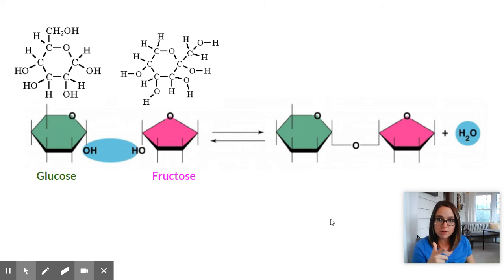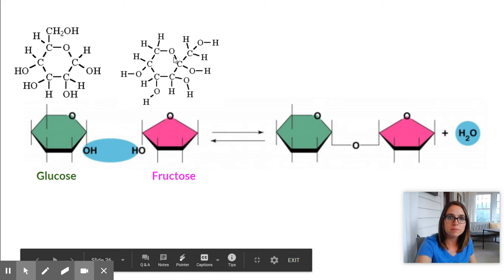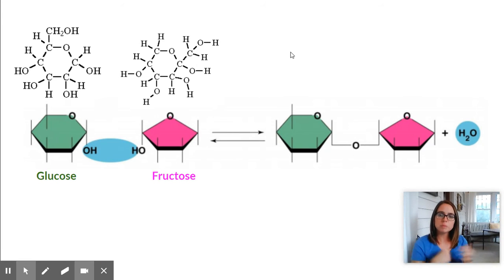And if you count it out right now, there are 6 carbons, 6 oxygens, and 12 hydrogens on there. Same with fructose, right here. But you can see that their arrangement is different. Now, this breaks my brain when I have to look at it.